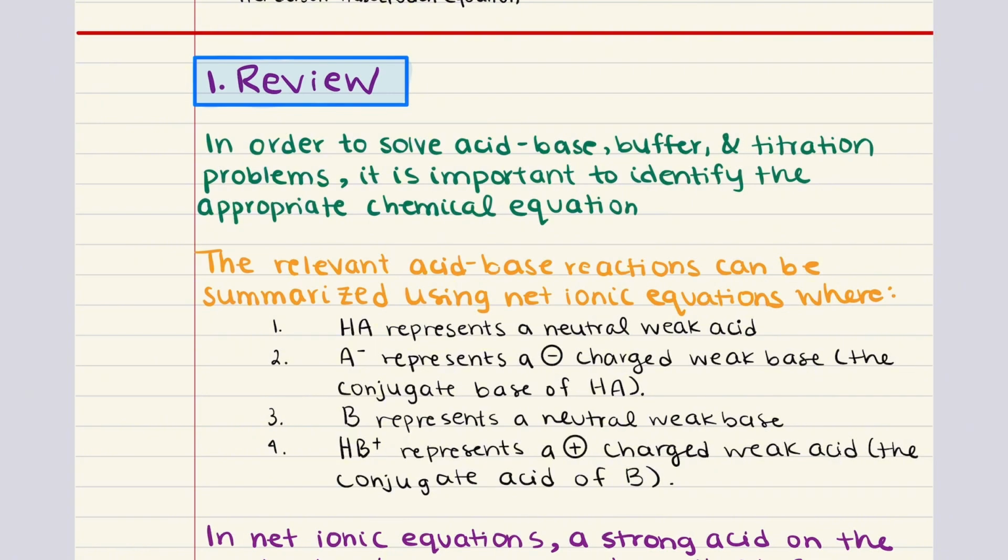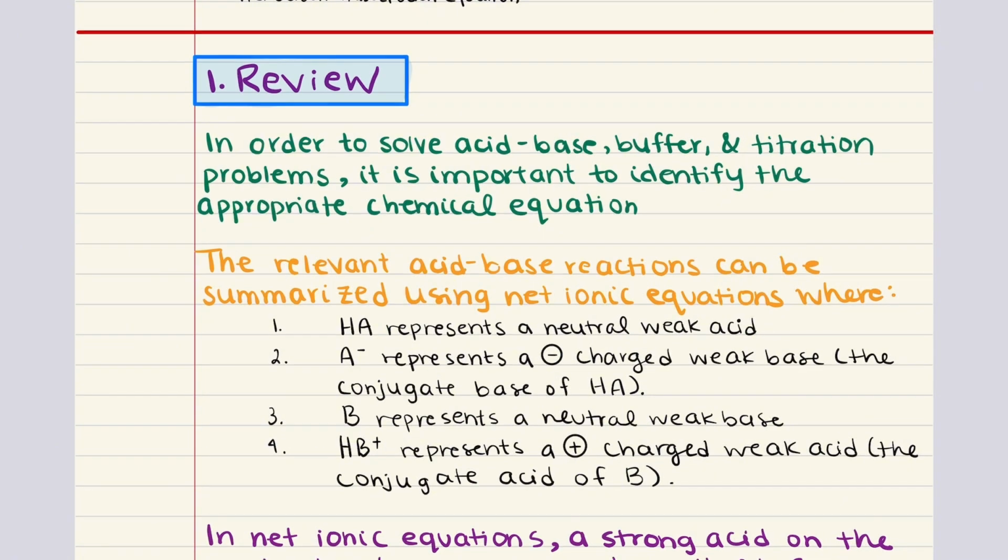To solve problems involving acid-base reactions, buffers, and titrations, it's essential to correctly identify the chemical equation that describes what is happening. Whether the reaction involves weak acids and bases or strong acids and bases, knowing the type of interaction helps us determine how the reaction behaves.